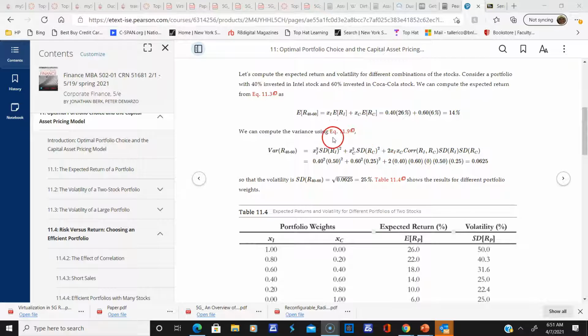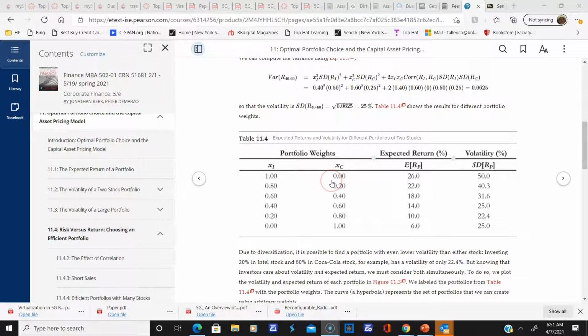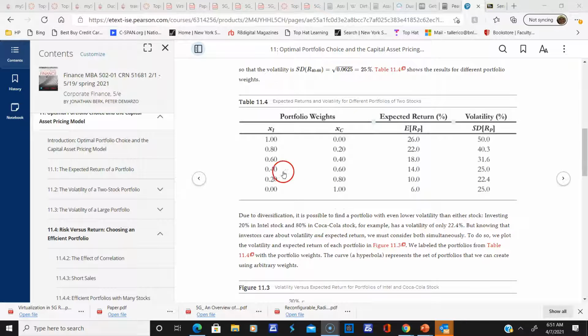We used equation 11.9 for this. So here is the volatility for different weights. Here they solve it for different weights. So here are two stocks weighted differently, and the expected return and the volatility are calculated here.